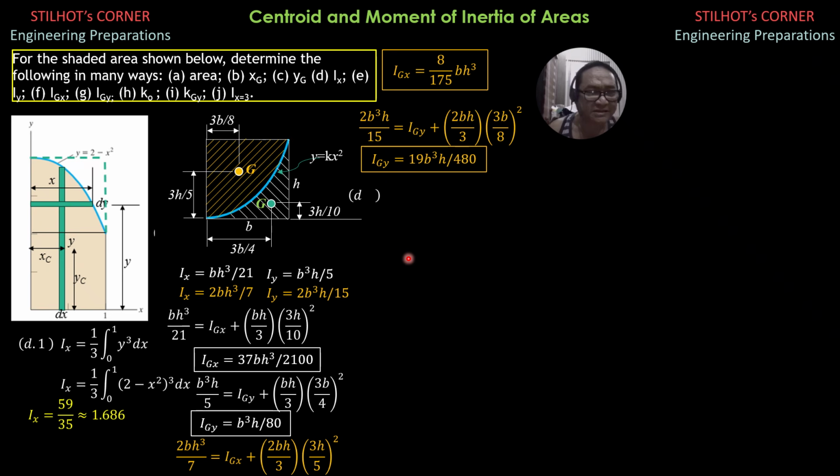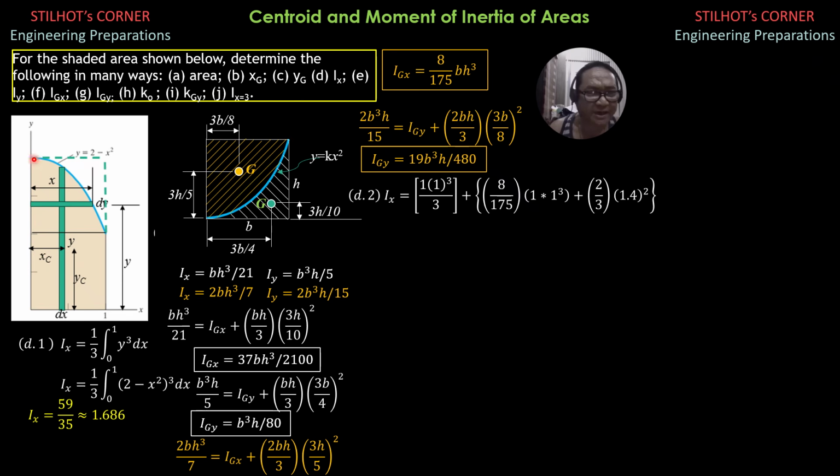So Ix by the transfer formula. The second method is the moment of inertia of the square with respect to the x-axis. It coincides with the base, so the formula is b h cubed over 3, 1 cubed over 3 for the square.